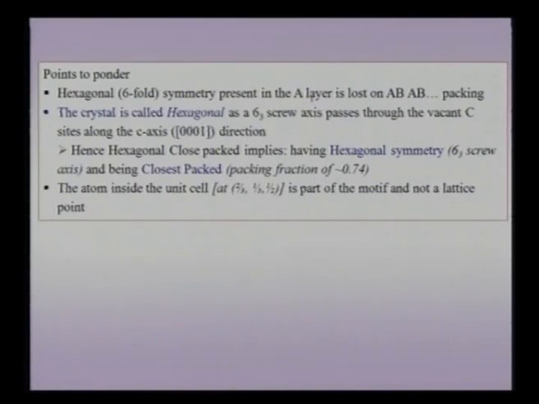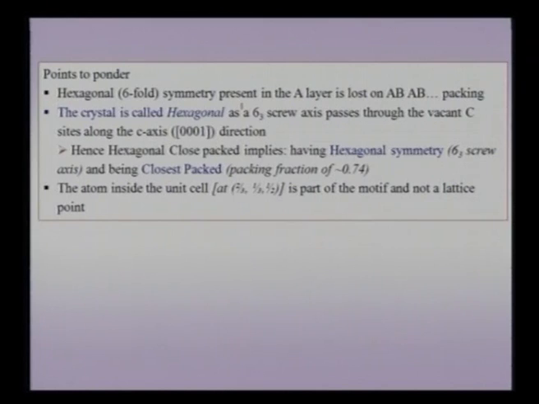Now, just to re-emphasize some of the points we have considered so far, the hexagonal 6-fold symmetry present in the A layer is lost on AB packing. Now answering the important question: the crystal is called a hexagonal crystal because there is a 6-3 screw axis which passes through the vacant C sites.